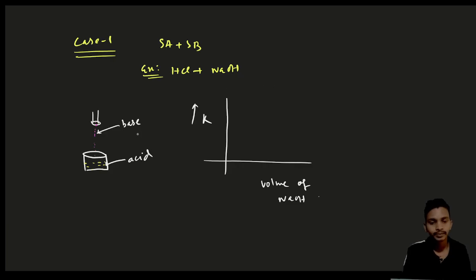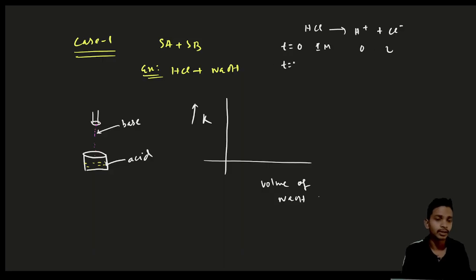Since HCl is a strong acid, it is completely dissociated into H plus and Cl minus. So this is a strong electrolyte. At t equal to 0, it is 1 molar, 0, 0.